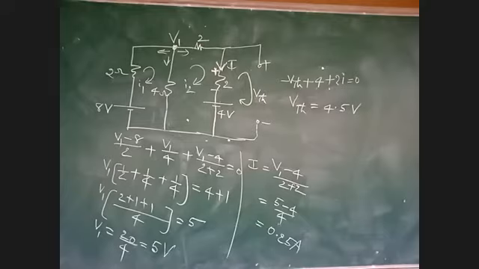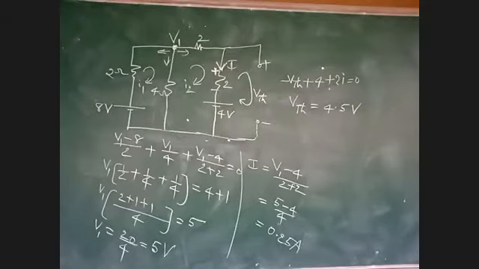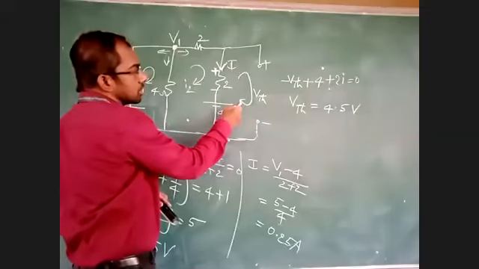Now I will determine RTH. So will your current be negative or positive? The equation is V minus V plus 4 plus 2I equals 0. Should we take I as negative or positive? Plus 2 minus, see here.